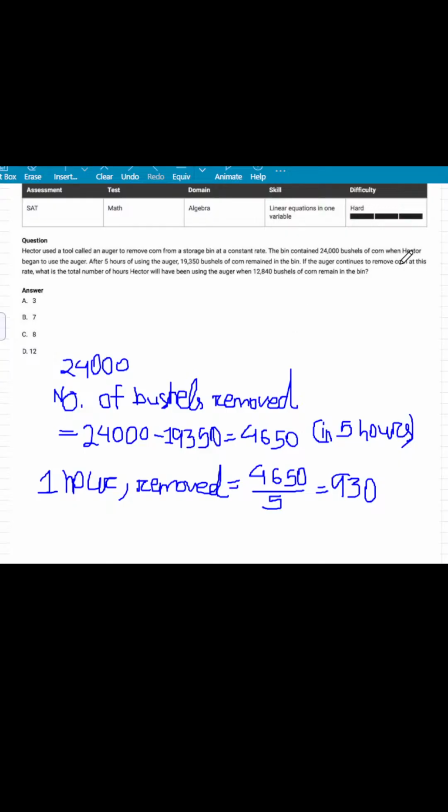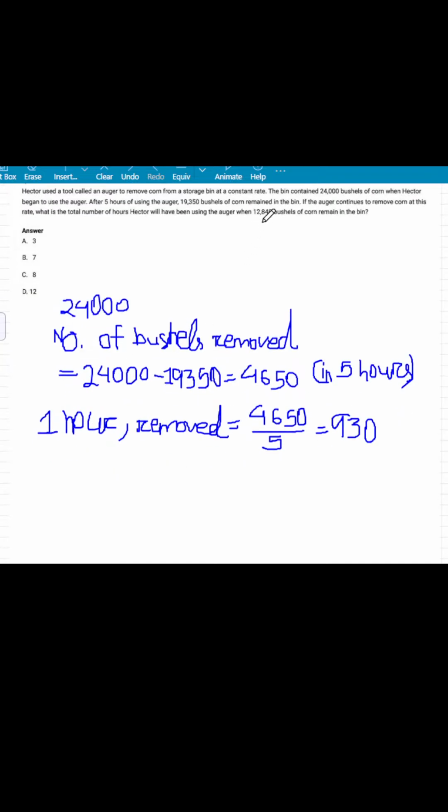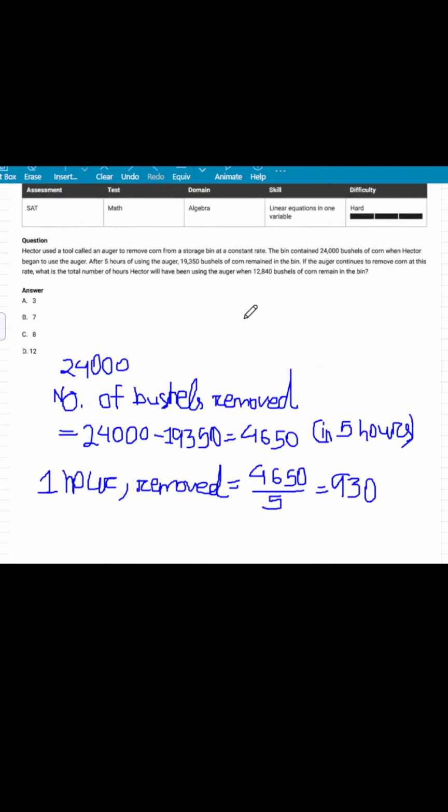Now if the auger continues to remove the corn at this rate, what is the total number of hours Hector will have been using the auger when 12,840 bushels of corn remain in the bin? So these many bushels remain in the bin. Let us find out how many bushels are to be removed to get to this.